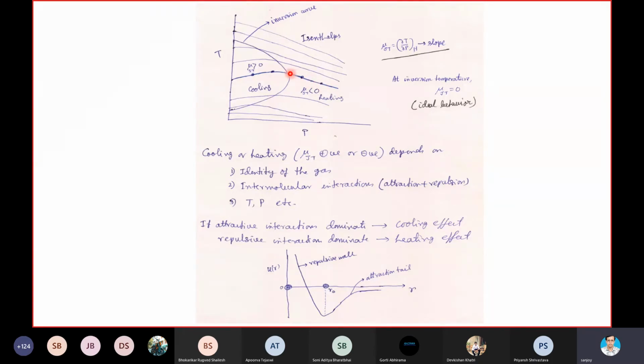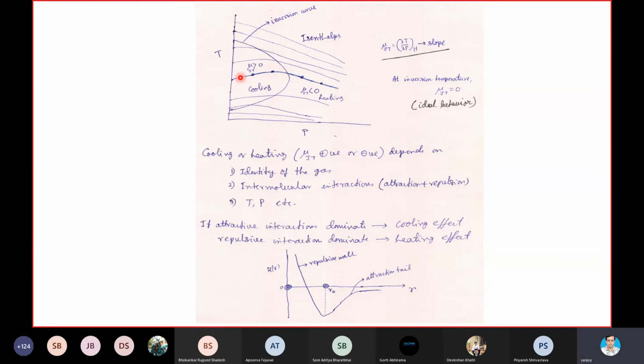It happens, and if you come to that particular point where the slope is 0, that means mu JT is 0, and after that the slope becomes positive. So here a drop in pressure drops the temperature. So this line shows how a heating effect, after crossing the inversion temperature, becomes a cooling effect.